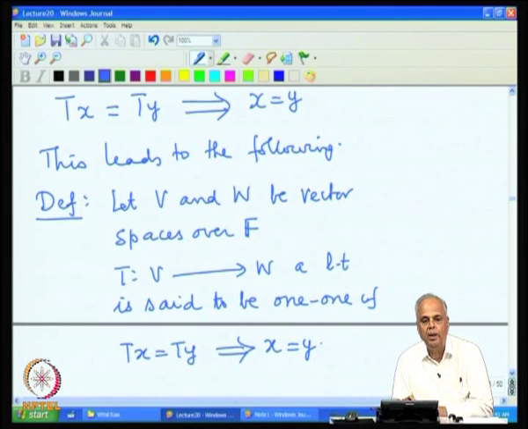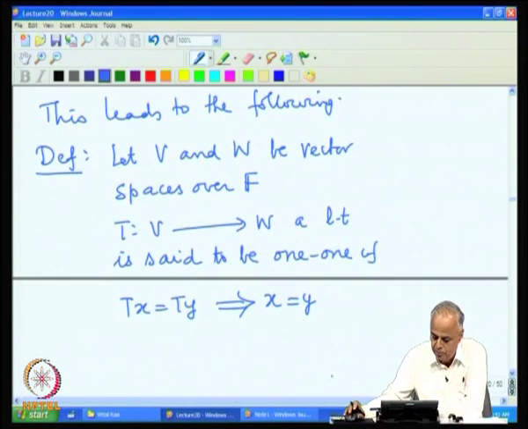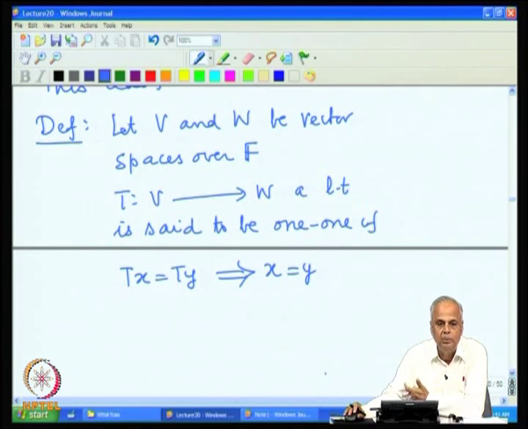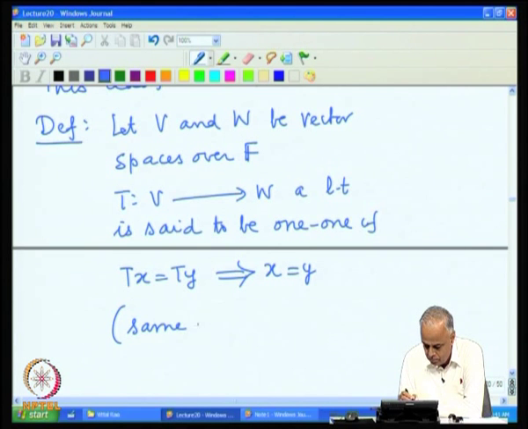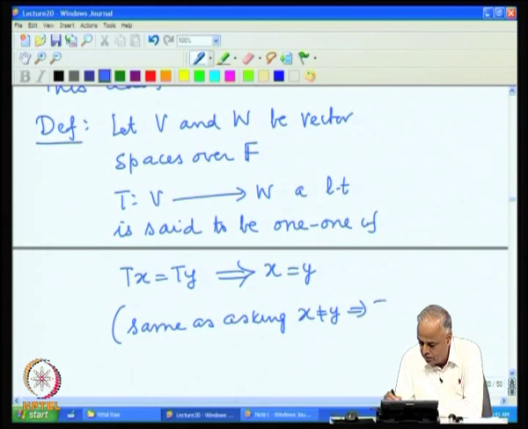It is the same thing as saying different vectors in V will have different images in W. That is, x not equal to y means T x not equal to T y. This is the same as saying x not equal to y implies T x not equal to T y.